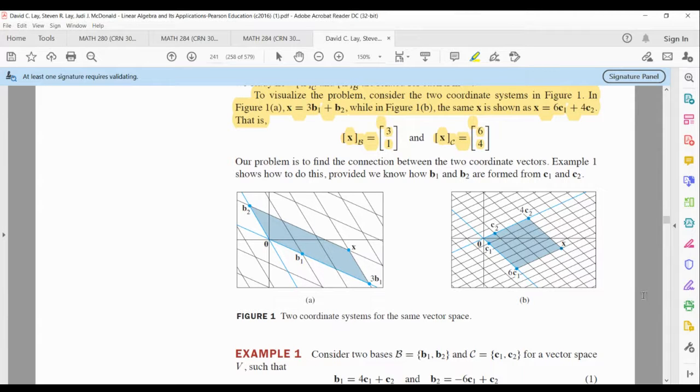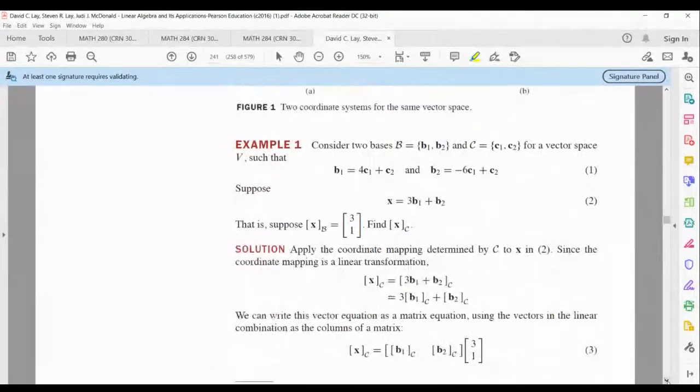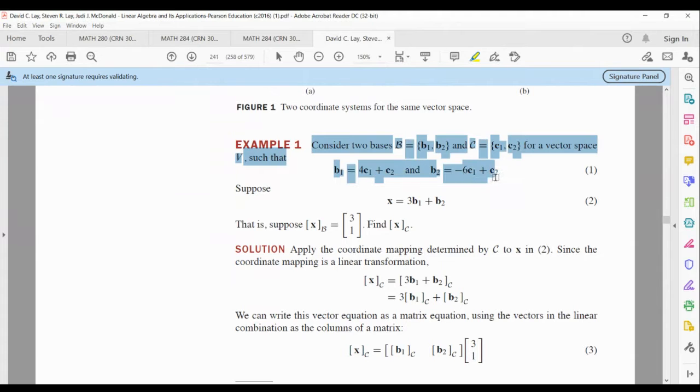Okay, all right. That being said, let's go to example 1. Here, we're going to consider two bases B and C for a vector space V, such that vector b1 is 4 times vector c1 plus 1 times vector c2, and vector b2 is -6 times vector c1 plus 1 times vector c2.